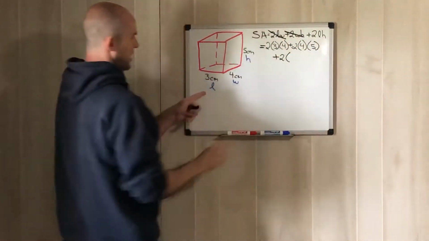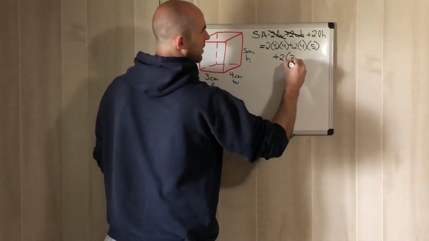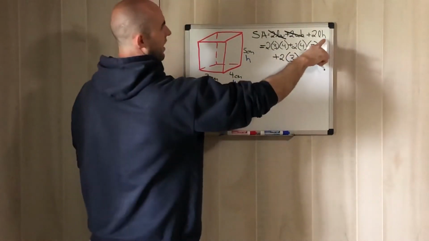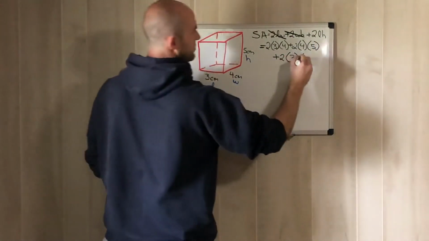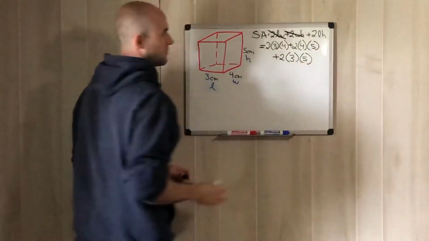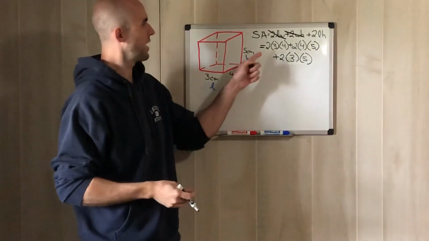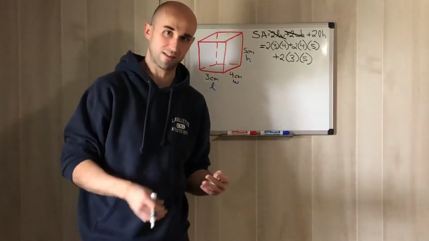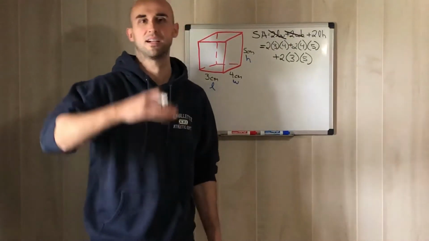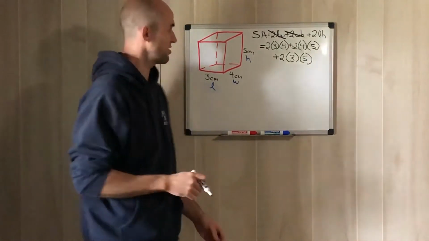And now the length is 3. And we know that the height is 5. And again, we know it's 2, and we have 2 for everything because there's 2 that's the same. Front's the same as the back, top is the same as the bottom, left is the same as the right.